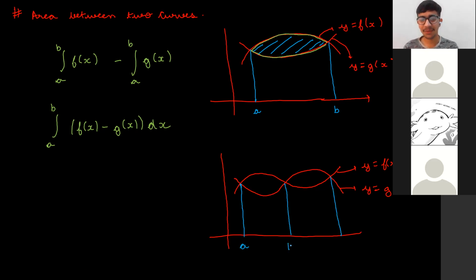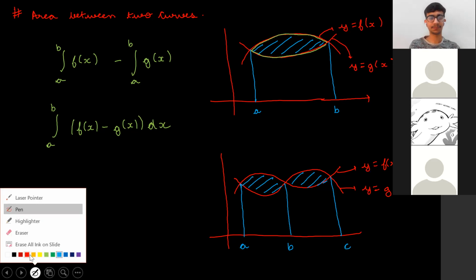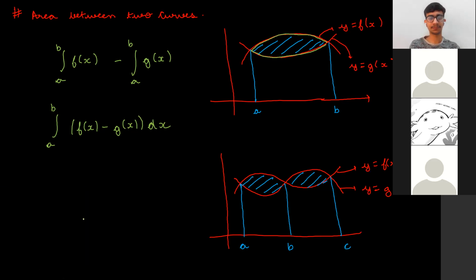So let's say it's from A to B and C, and you have to calculate this area as well as this area. So tell me how we can calculate this using an integral. Multiple times, upper minus lower, from A to B and then B to C. Tell me the final answer like this.